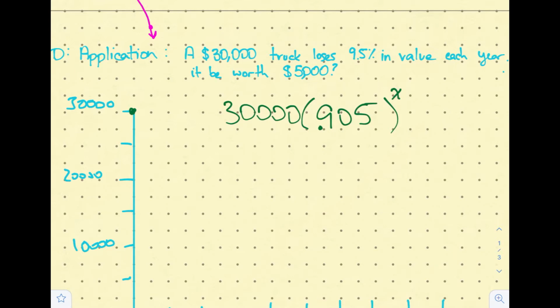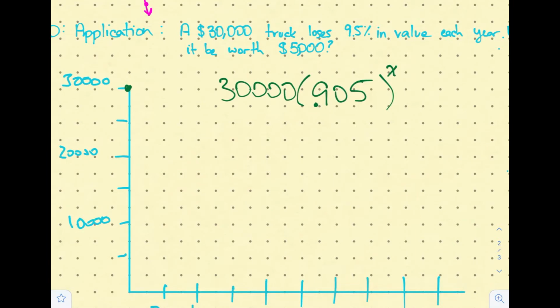So by plugging in 2, we can see it's just a little bit under $25,000. If I plug in 4, it's right around $20,000. So it shrunk a little bit less over the next 2 years. In another 2 years, after 6 years, it's worth about $16,000. After 8 years, it's worth about $13,500.